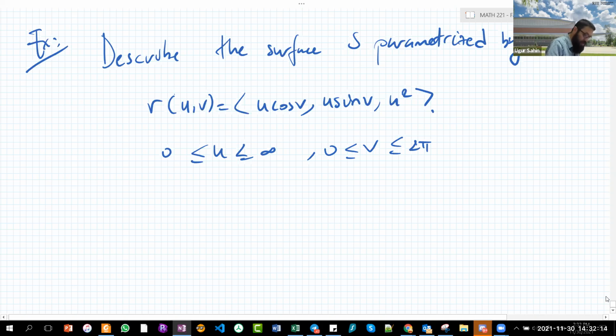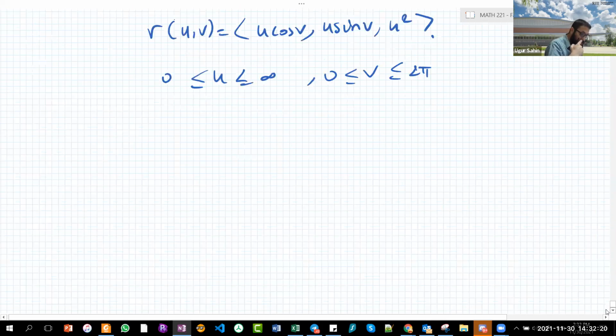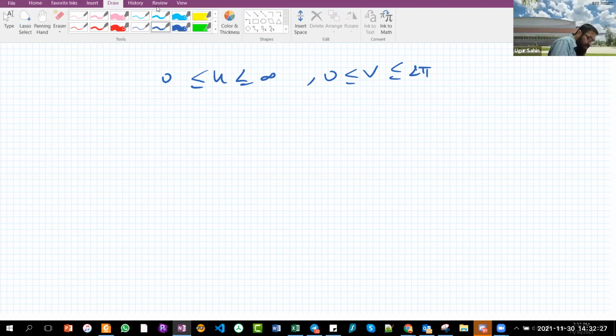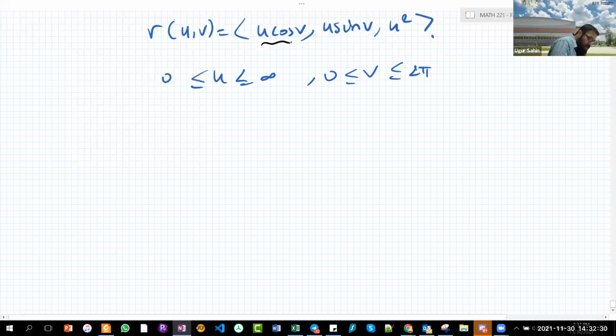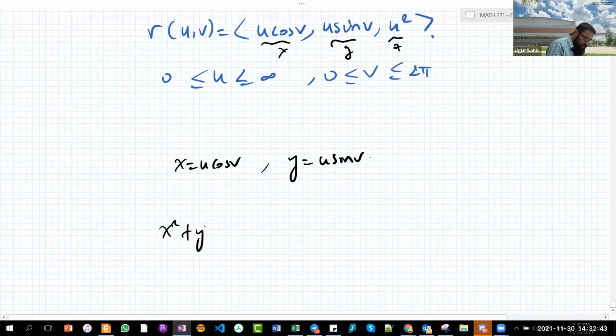Exactly, Charles, that's correct. Would you like to say what it is? What surface is that? What is the shape of that surface? So as I did in the previous example, look at that x, y, and z. X equals u cosine v, y is equal to u sine v, and then you can relate these two using this trigonometric equation, which is going to be equal to u squared cosine squared v plus u squared sine squared v.